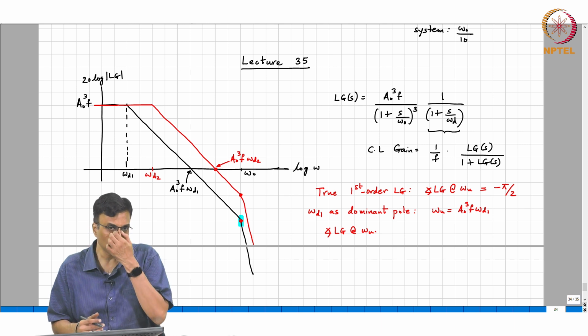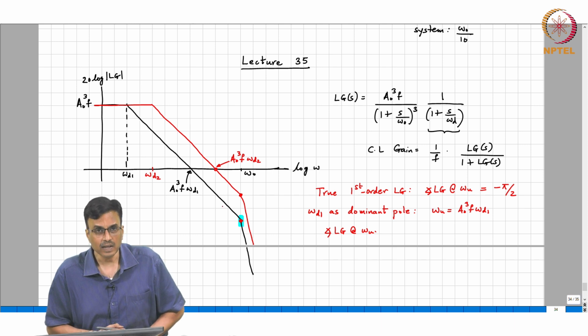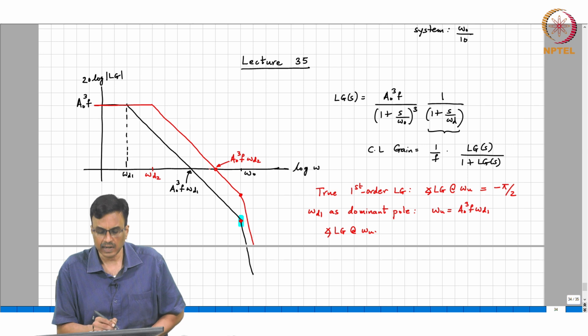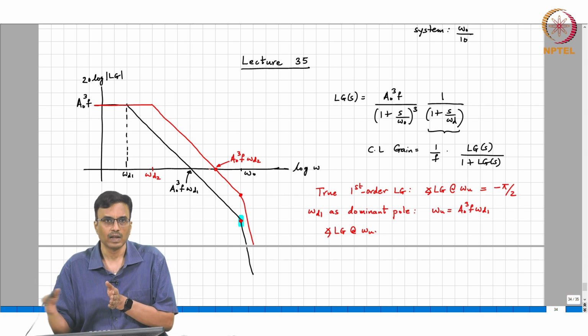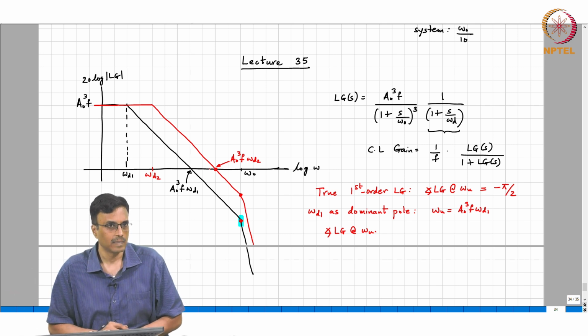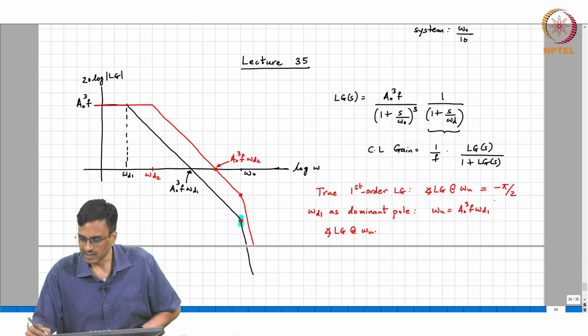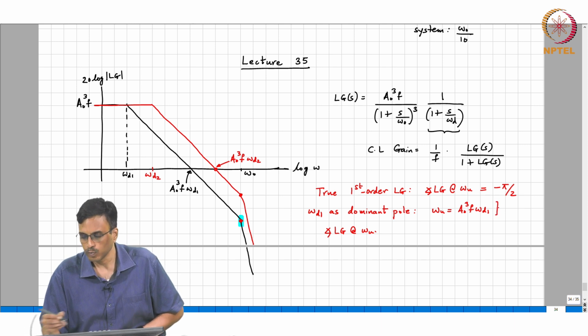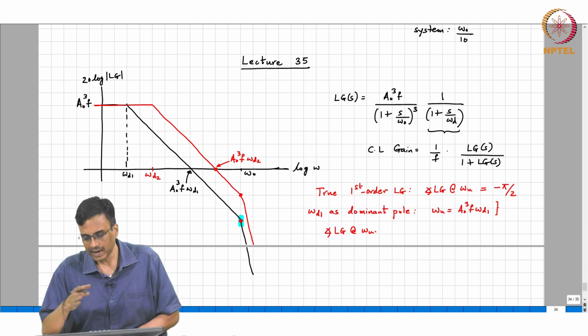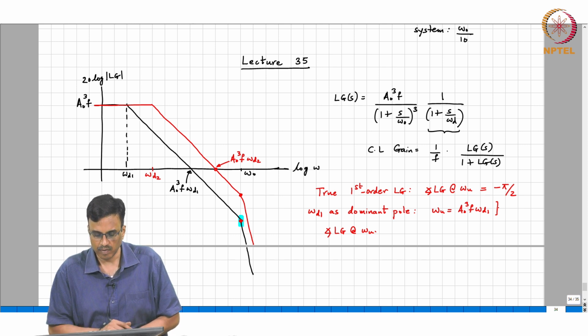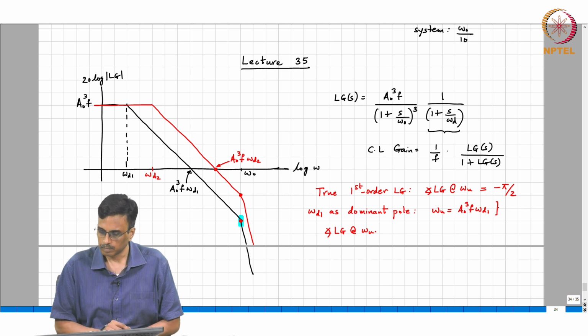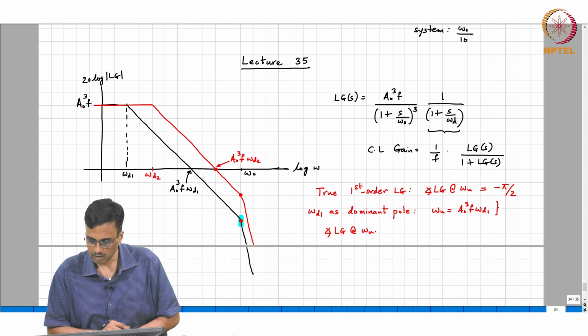So that will only be true if the unity gain frequency is sufficiently low compared to omega naught. Is that clear? So that is the assumption that you have to bear in mind. If the unity gain frequency gets very close to omega naught, then you will find that this is not quite true. There is going to be some error.